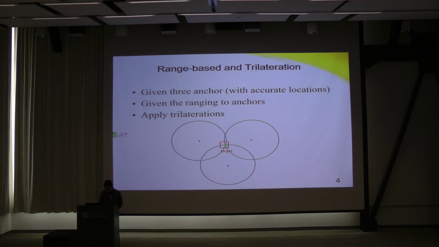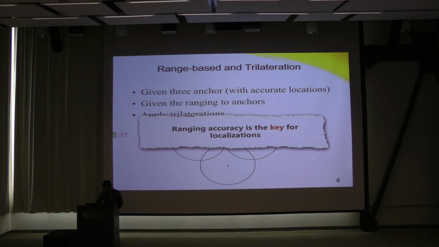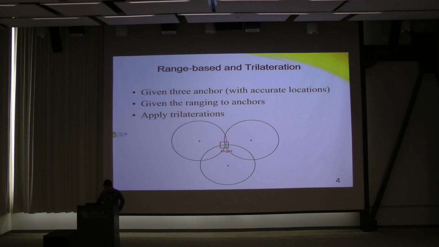So we can localize the target node very accurately. But the ranging accuracy is key for the localization, because if we do not have very accurate ranging, we cannot localize the target node.